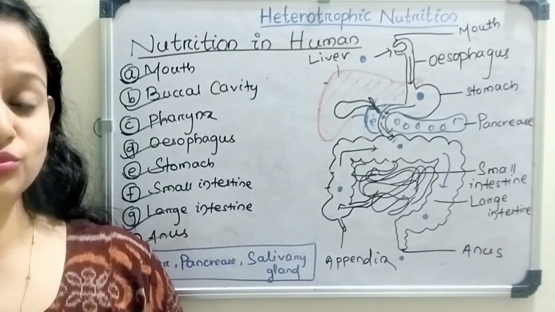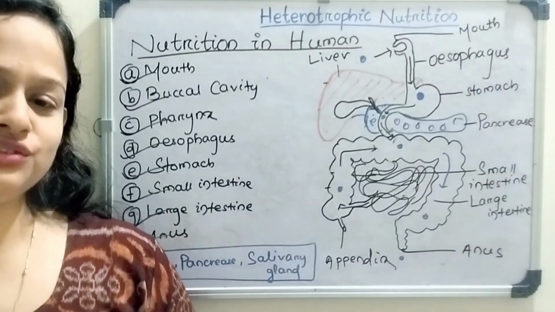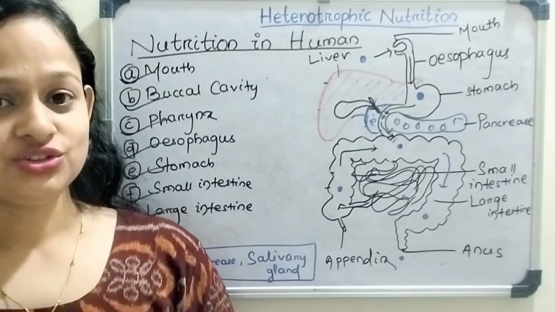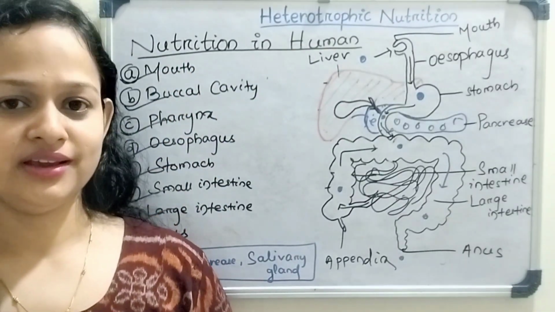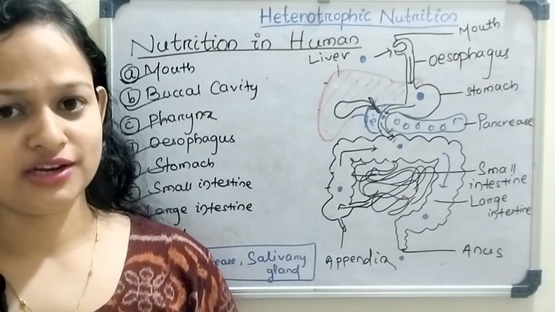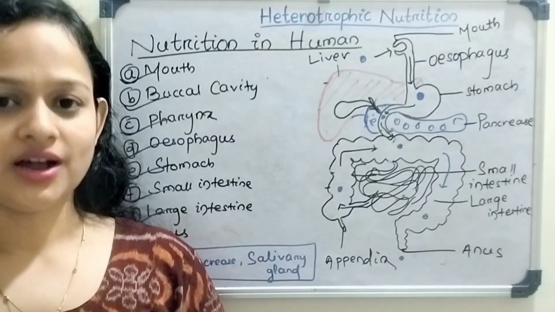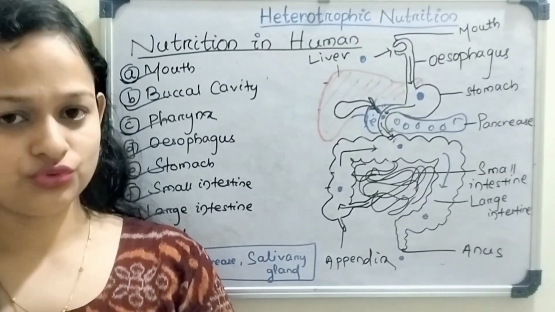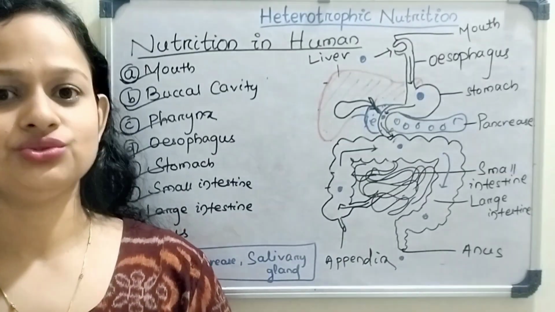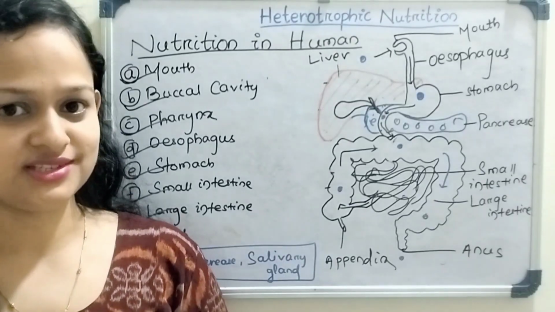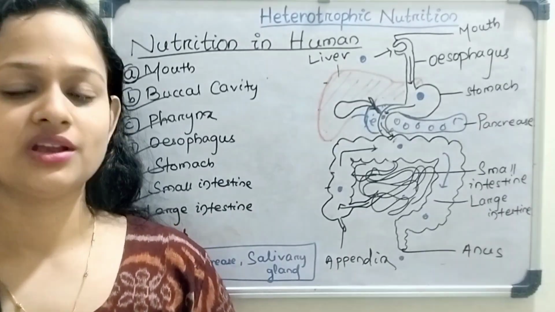So next come to the most important part of heterotrophic nutrition, that is nutrition in human. As humans are omnivorous, they eat both plants and animals and their body parts. As they take complex food material, it has to be broken down into simpler forms by a process, and that process is known as digestion.